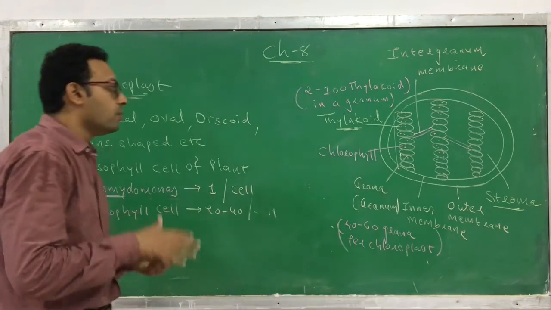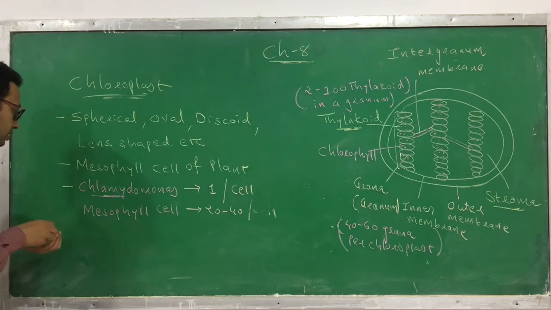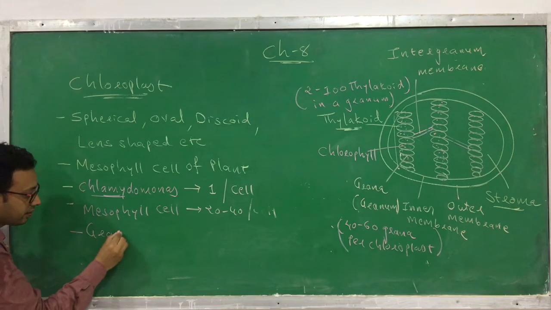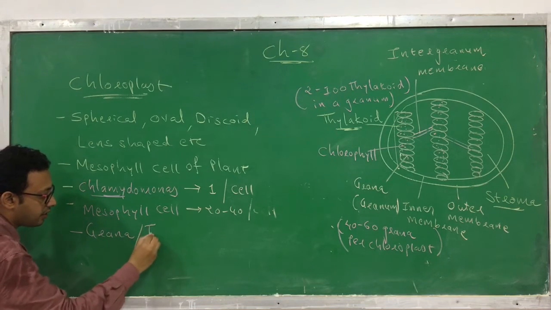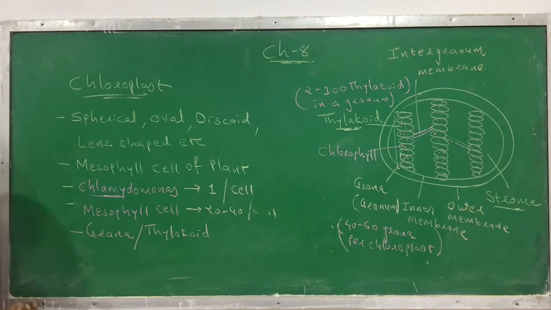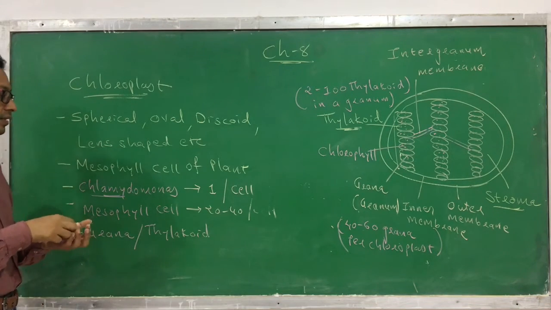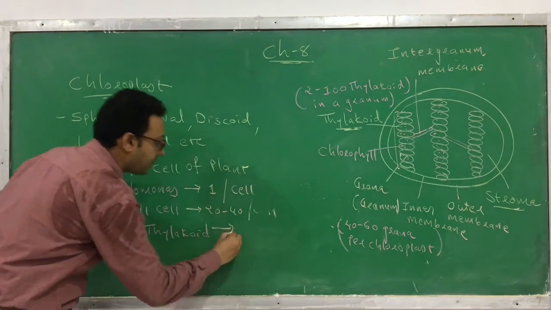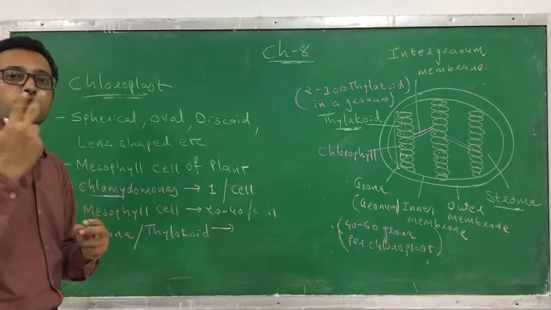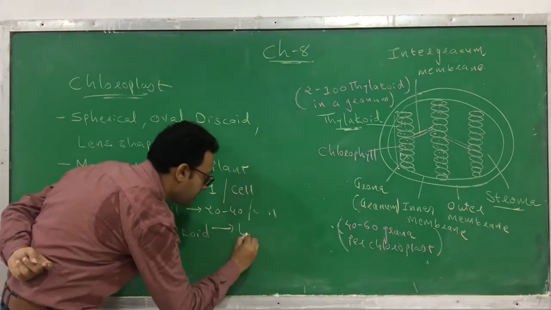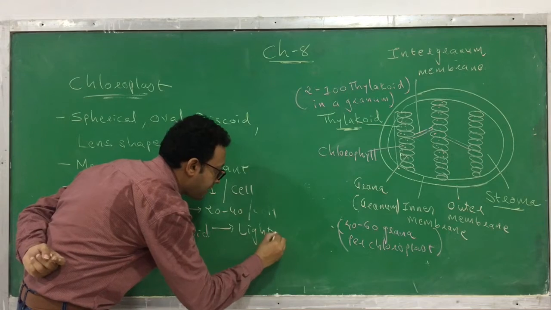Now, where do the chemical reactions take place? In the thylakoid or the grana. At both places the chemical reactions of photosynthesis take place, but photosynthesis is divided into two reactions, light reaction and dark reaction.